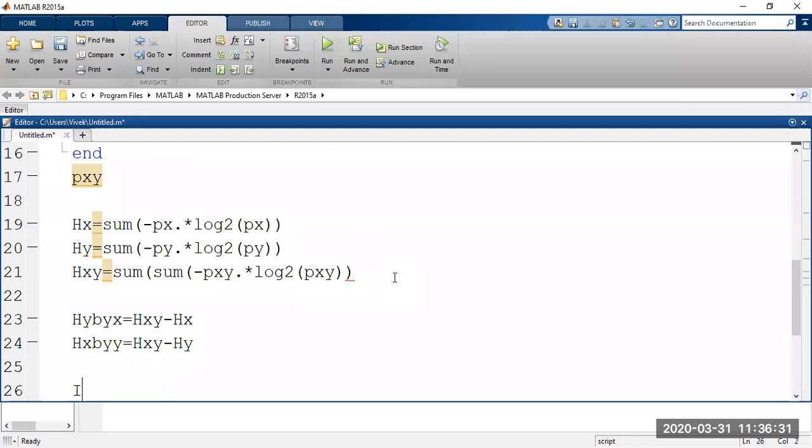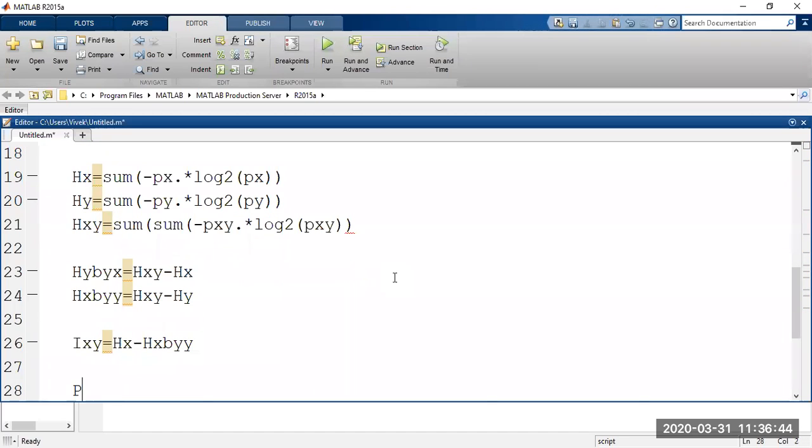Then mutual information, that is x comma y, is equal to h of x minus h of x by y. And then if I consider p is equal to py by x, the first element, I am going to consider as p.